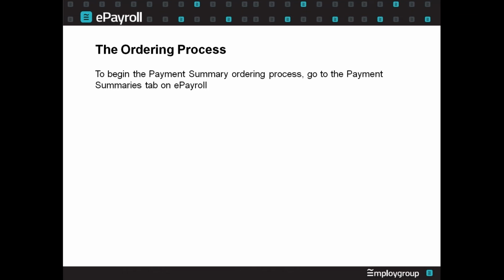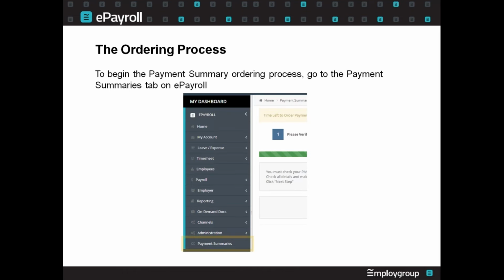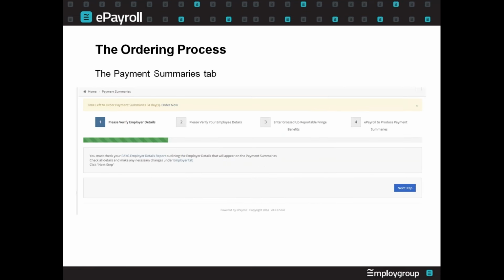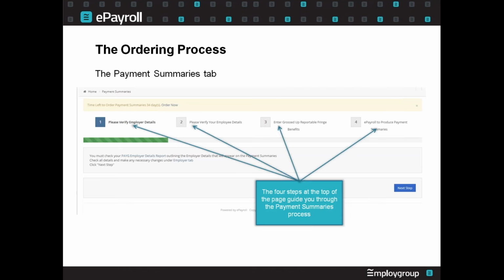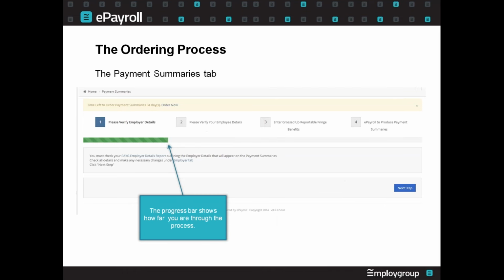So to begin the payment summary ordering process, go to the payment summaries tab on ePayroll and you'll see it there just underneath the administration tab and click there. This is the screen that you'll get up. So you can see the 4 steps that I just mentioned, and I'll go through the steps. So step 1.